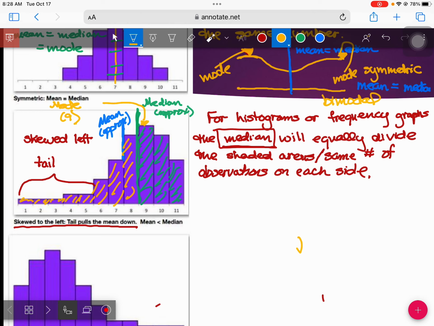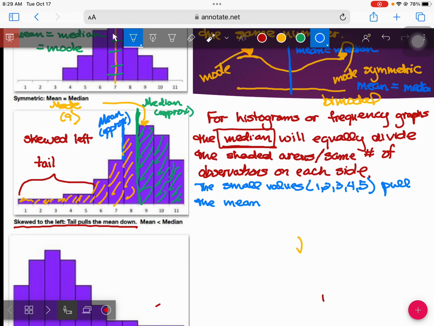Okay. This says, let's do this in blue. The small values of 1, 2, 3, 4, and 5 pull the mean or the average, pull the mean to the left, what does it say?